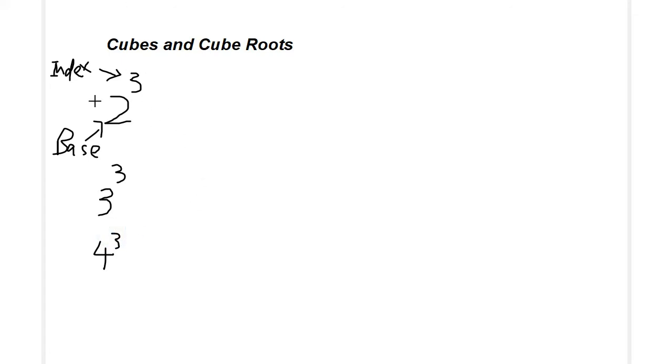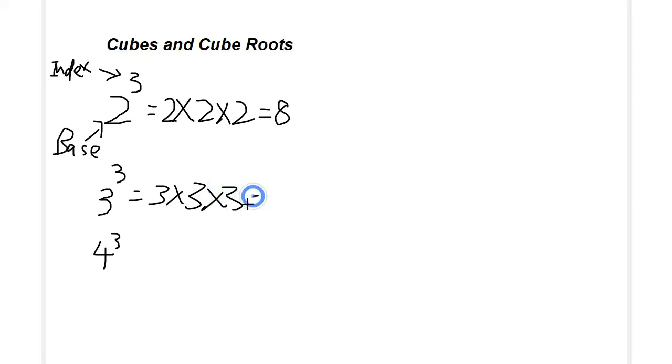Okay, so what does cube mean? 2 cube means 2 times 2 times 2. And what does it give you? 2 times 2 is 4, 4 times 2 is 8. Same for this, 3 times 3 times 3. 3 times 3 is 9, 9 times 3 is 27.